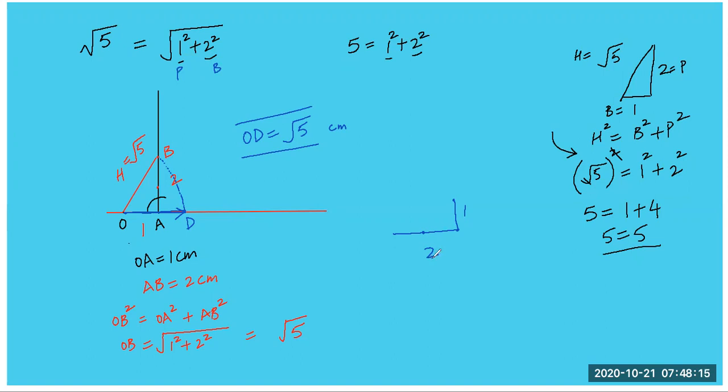I have taken base as 2, perpendicular as 1. Now again when I join this OB, OB will again be under root of 1 square plus 2 square. So this will again be equal to under root 5. So base can be taken as 1 or 2.